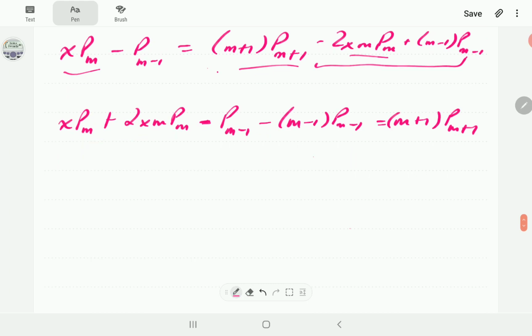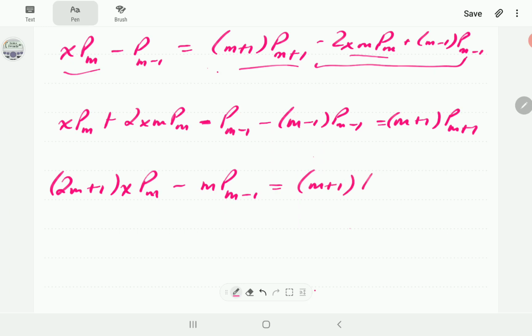These two terms are going to combine to 2m plus 1 x pm, and these two terms here are going to simplify to minus m minus 1 pm minus 1, and then we've got m plus 1 pm plus 1 there.